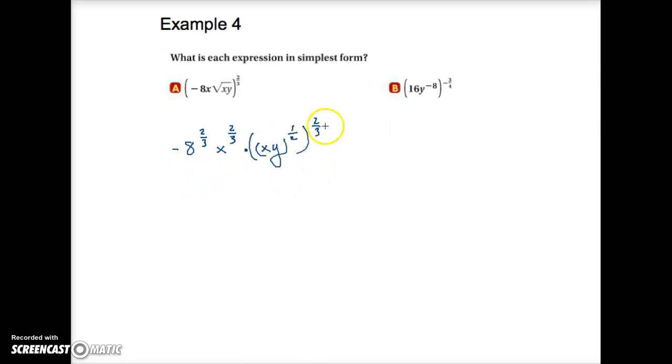So now I can multiply these two, so I get -8 to the 2/3, x to the 2/3, and xy to the 2/6.